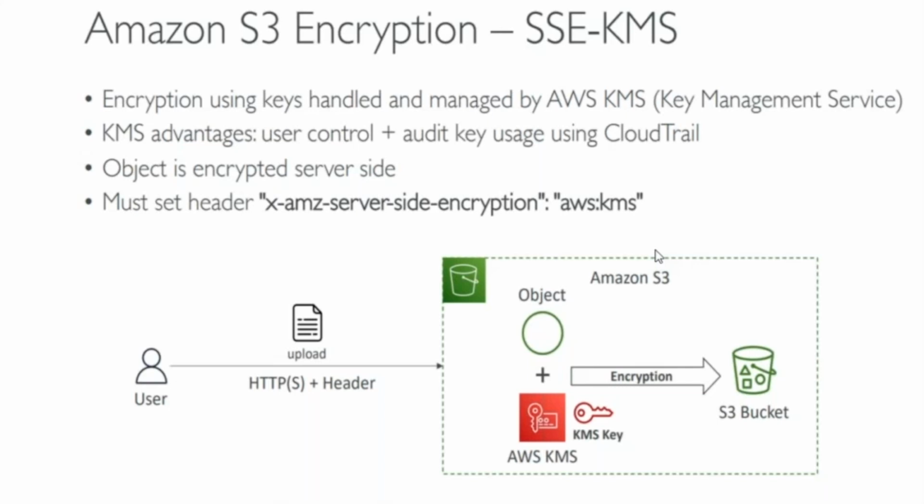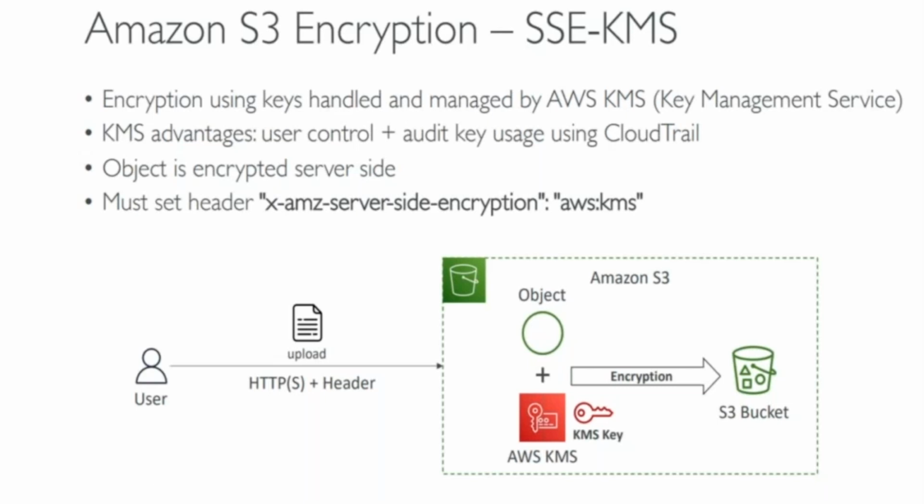We can use this with CloudTrail as well, so if you have any audit needs, you can use CloudTrail for this. The object is encrypted server side only, and for that also you must set this header. Cool team.